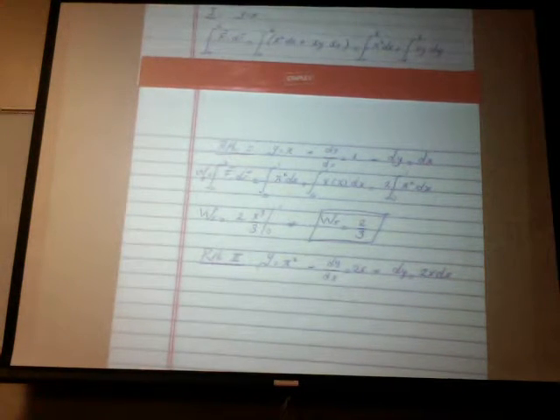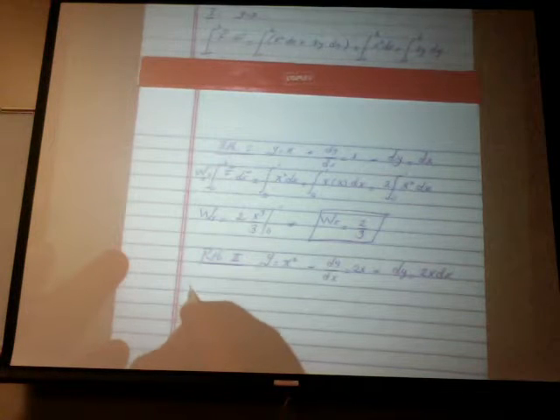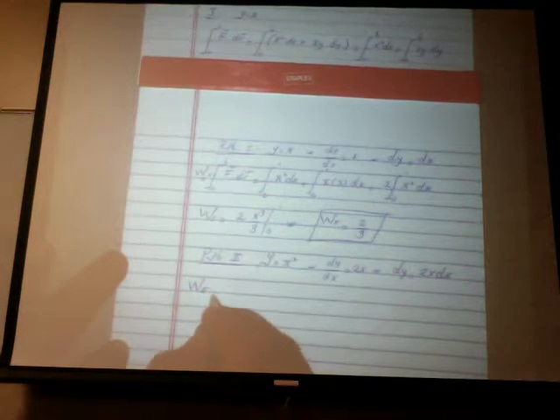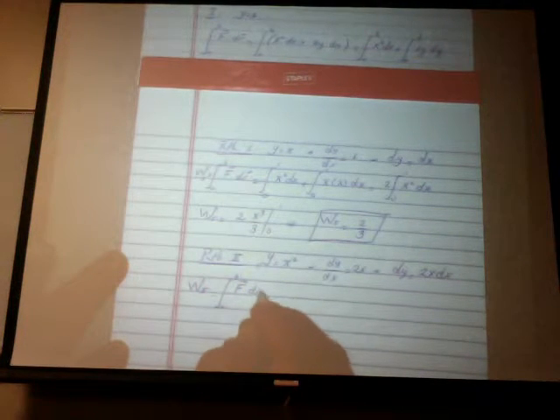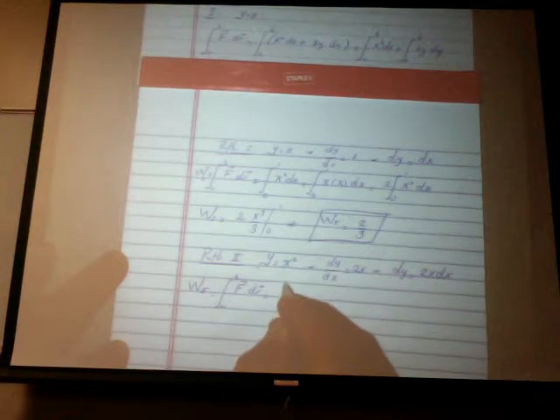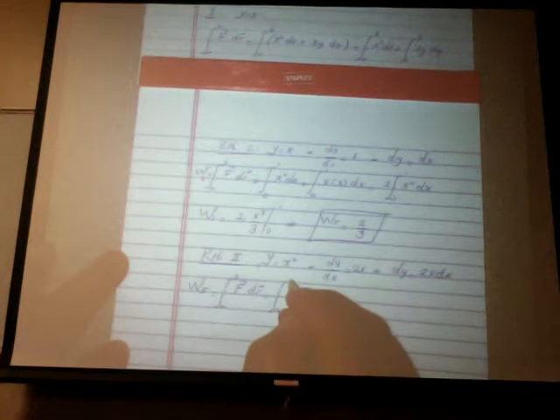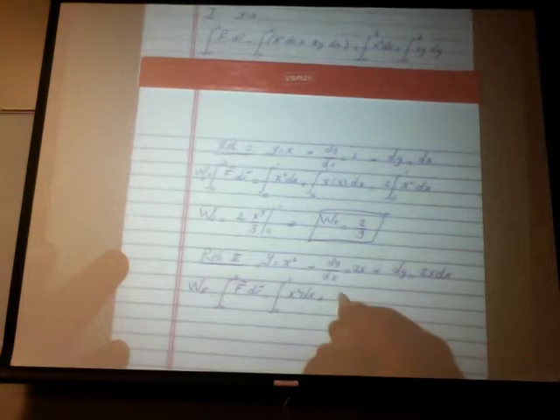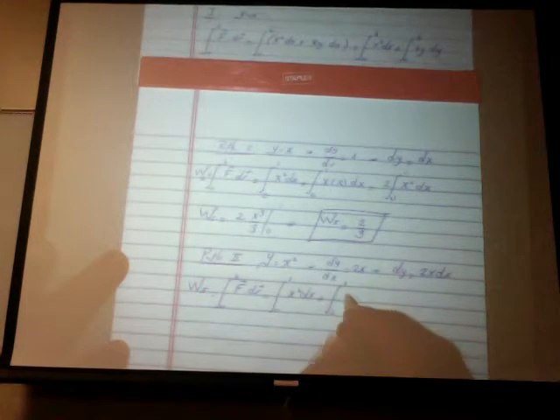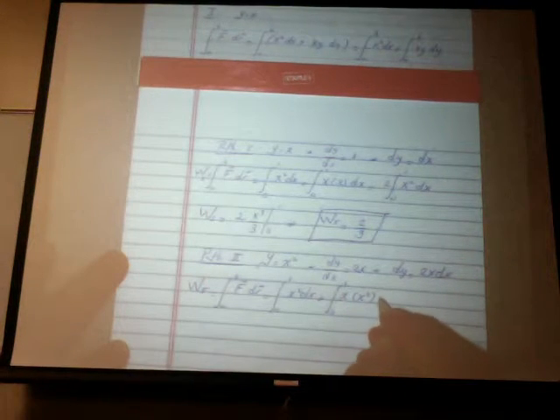That's a transformation from one differential to the next. So the work along path 2, which will be the integral from a to b of f dot dr, will be the integral from 0 to 1 of x squared dx plus the integral from 0 to 1 of x times x squared times 2x dx.